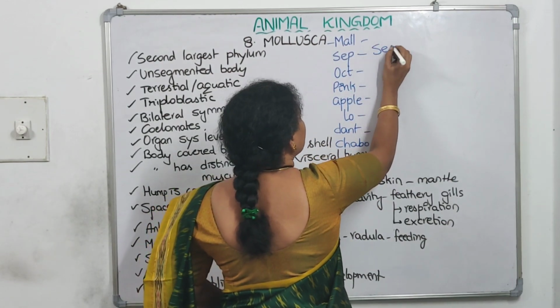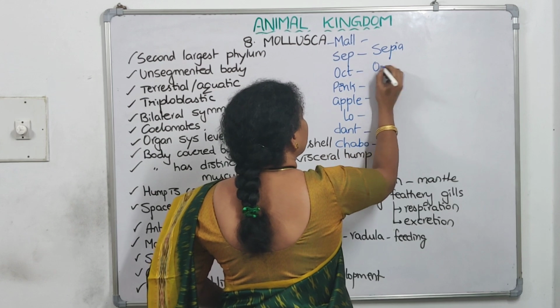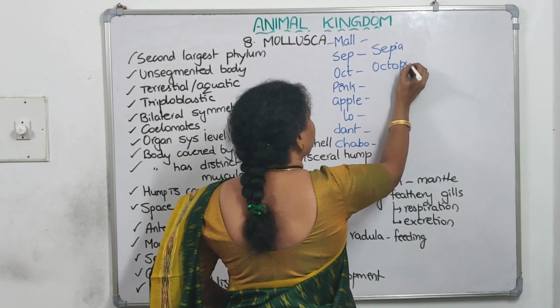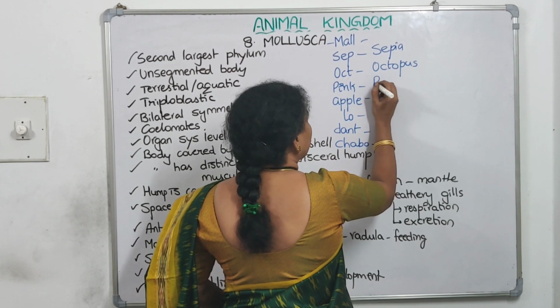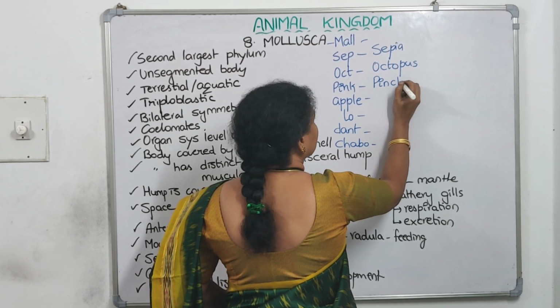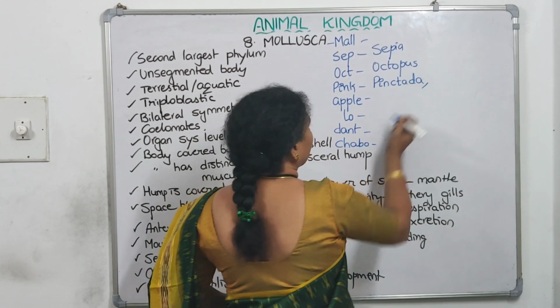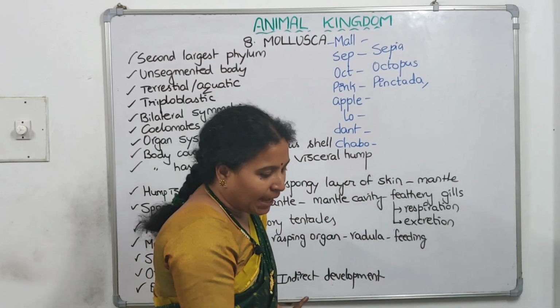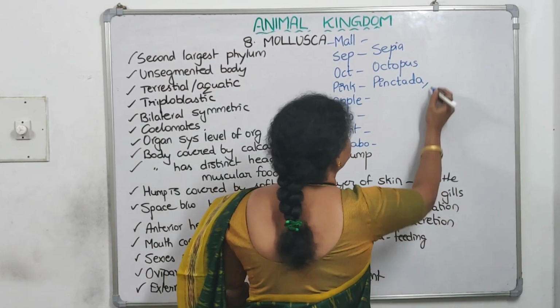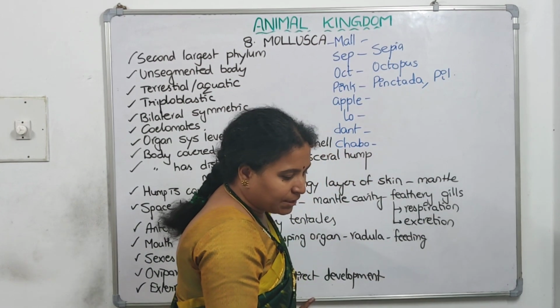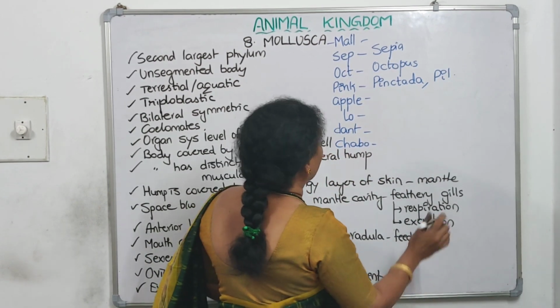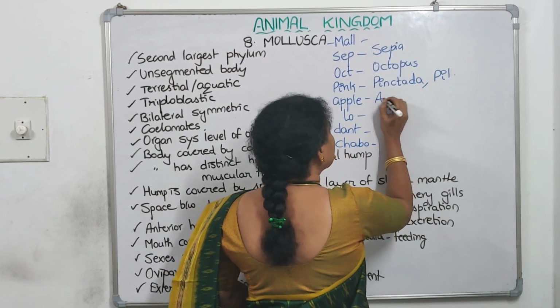September means sepia. October means octopus. Pink means two pinks will come. One pink is Pinctada and another P is Pila. Apple means apple snail, we can write.